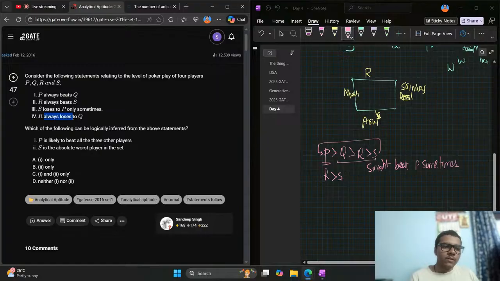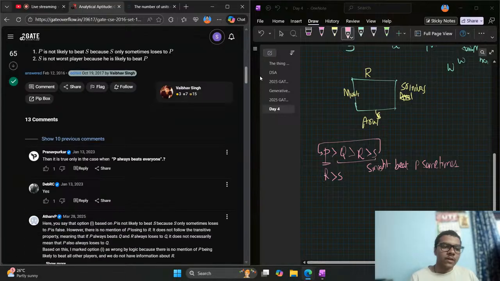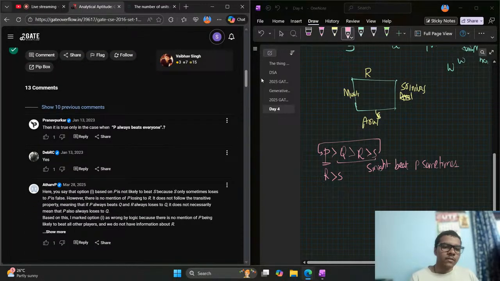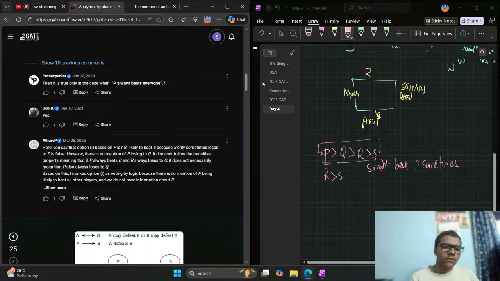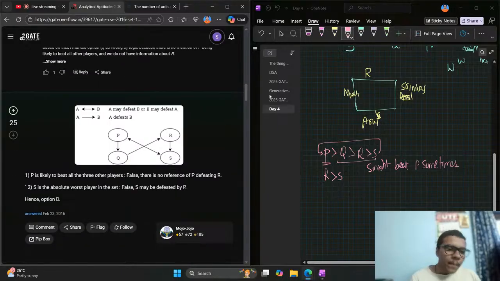R always loses to Q. I'm having a wrong interpretation here. P is likely to beat all other players. False. There is no reference of P defeating R.